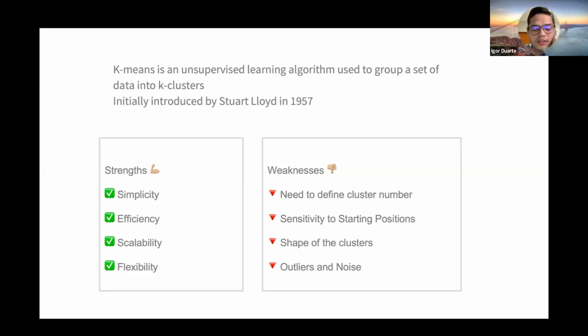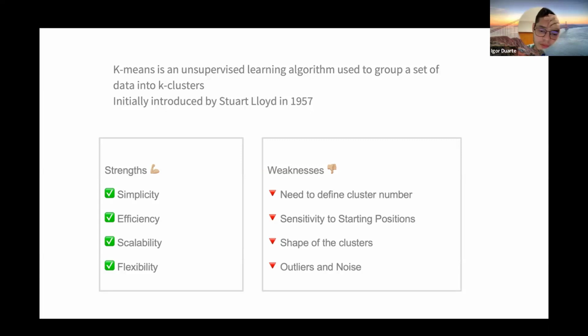The algorithm is computationally efficient, especially with large data sets, so it's good to use k-means. Scalability, because it can be easily scaled to large data sets, as I said, and flexibility. It can be used in various domains, from customer segmentation in marketing to image compression and pattern detection in biomedical data. There are a lot of areas where you can use it.